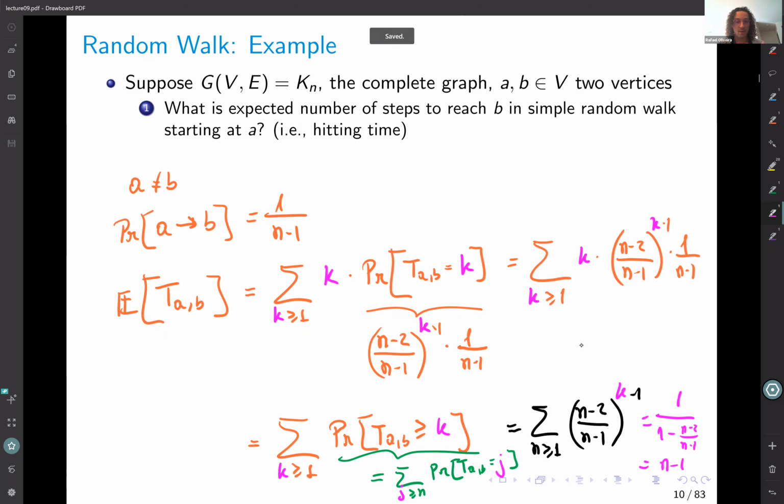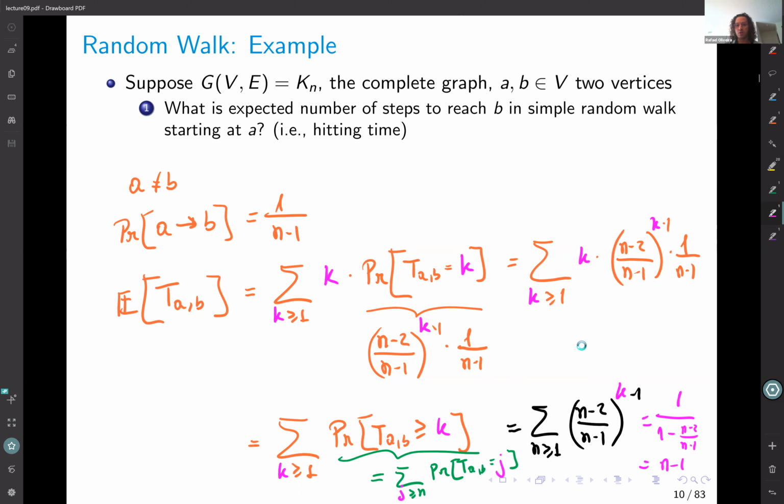So now let's think about it for a second. The answer is pretty simple for us to have done all these calculations. Why is that? If you think about it, what is the expected number of steps to reach B? If we start from A, and A is different from B, we can think about this as the balls and bins problem.